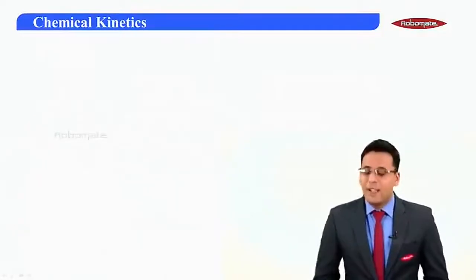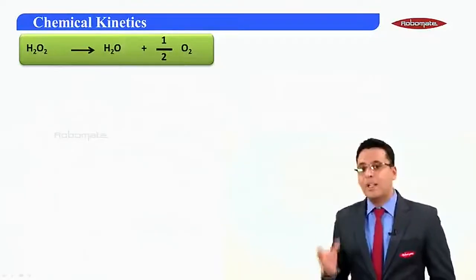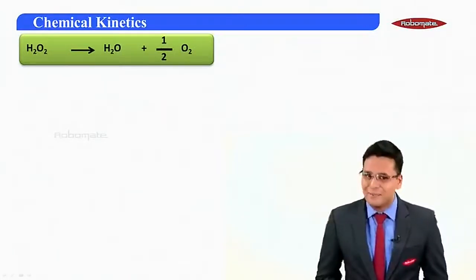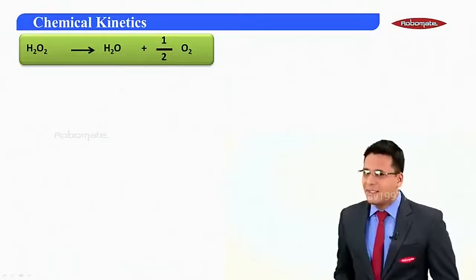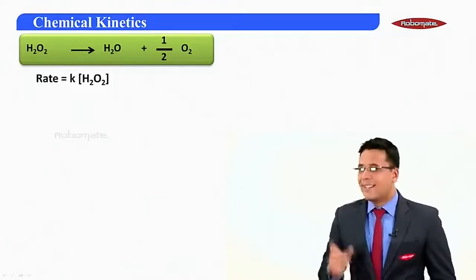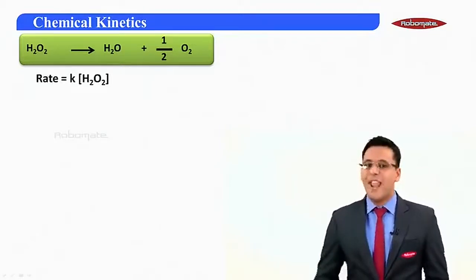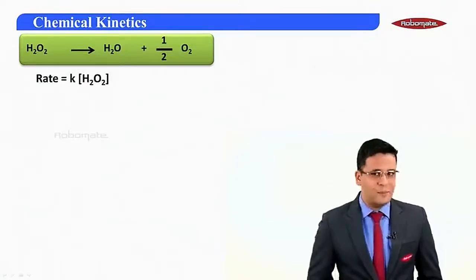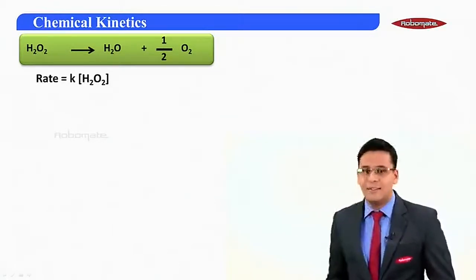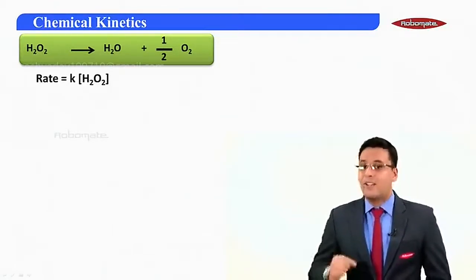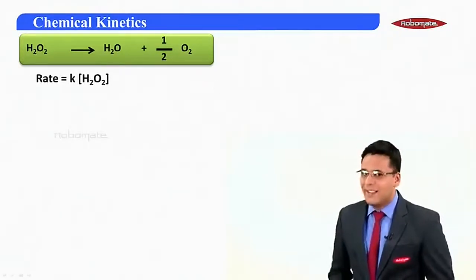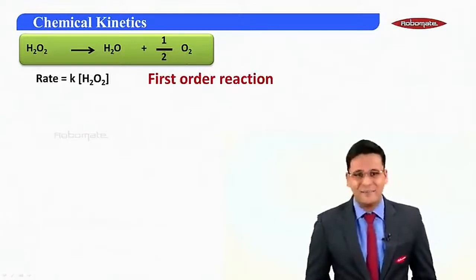Now here, if I take an equation, say for example, decomposition of hydrogen peroxide that you all can see on your screen. For this, the rate law expression is rate is equal to K into concentration of H2O2 raised to 1. Now since the exponent over here is 1, I can say that the order of the reaction is 1, which means that it's a first order reaction.